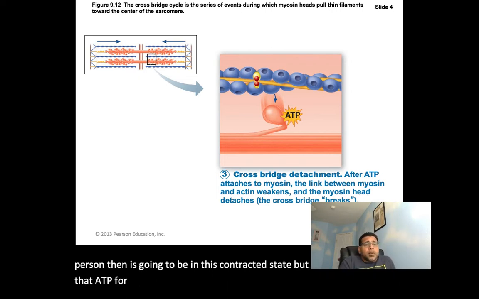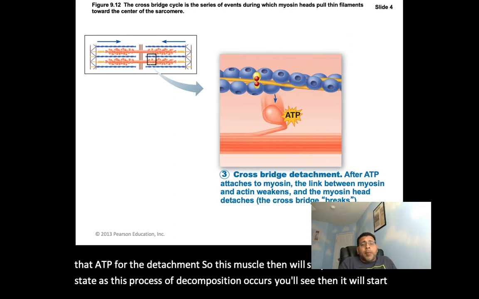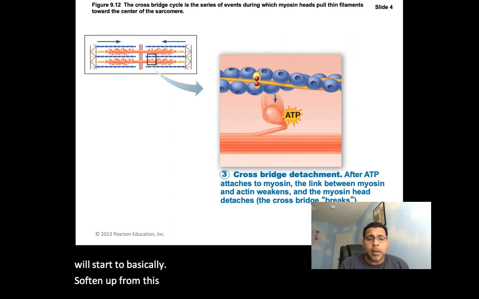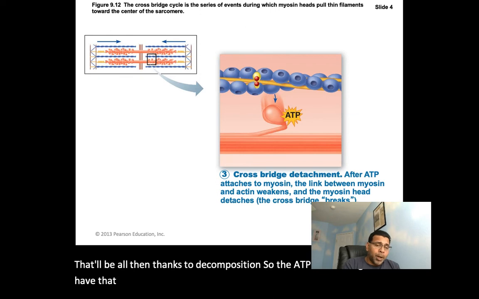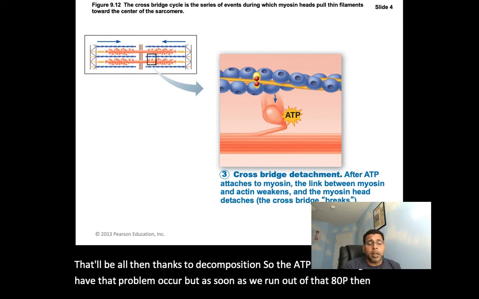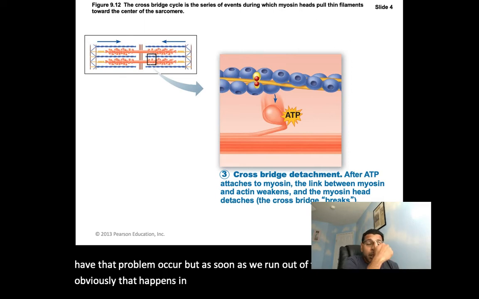So this muscle will stay in this contracted state as decomposition occurs. You'll see it start to soften up from this stiffened state, thanks to decomposition. As long as we have ATP, we don't have that problem, but as soon as we run out of ATP, which happens after death, that's the process of decomposition we described.